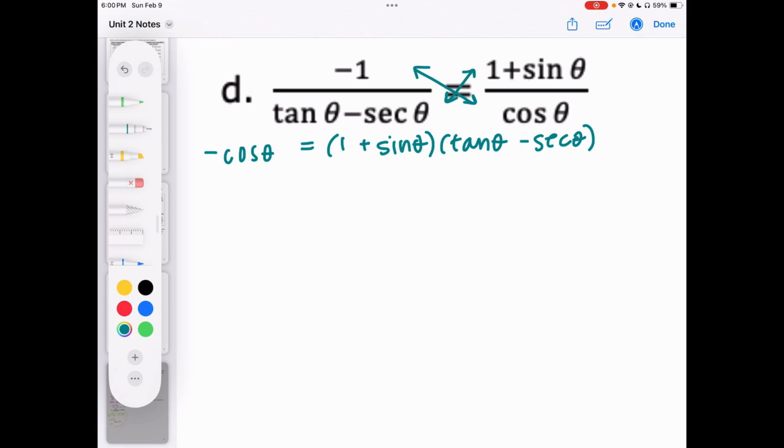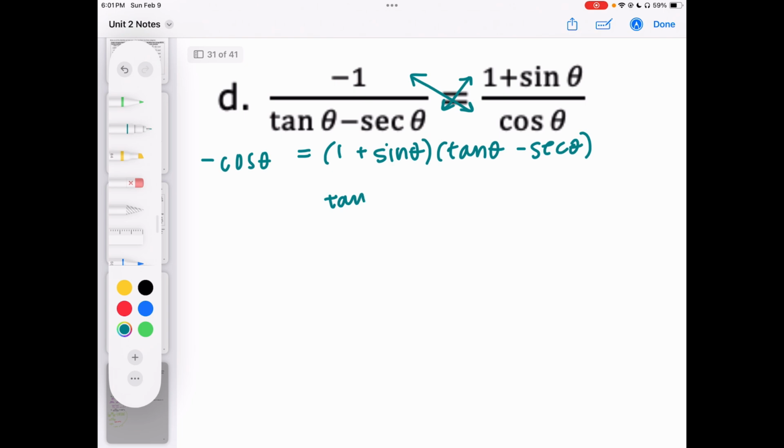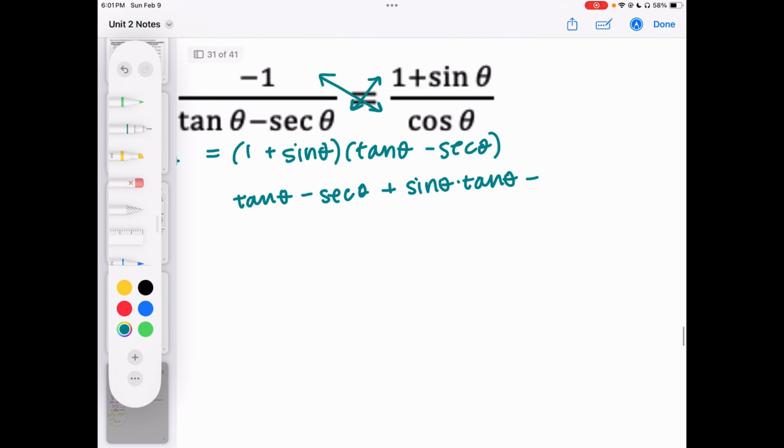Okay. I'm going to go ahead and distribute everything on the right. So that's going to be tangent theta minus secant theta plus sine theta tangent theta minus sine theta secant theta.